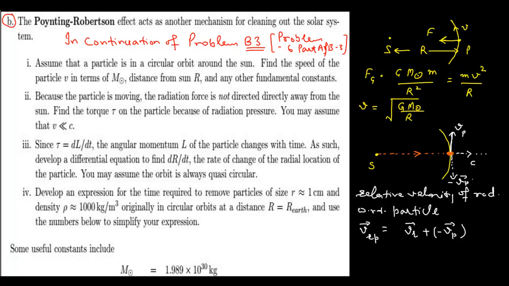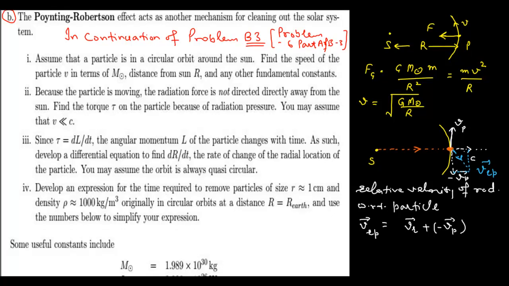Clear? And the resultant of this VR, that is the velocity of the radiation, which is c, and this minus Vp is along the resultant of these two vectors. So this is the direction of VRP.